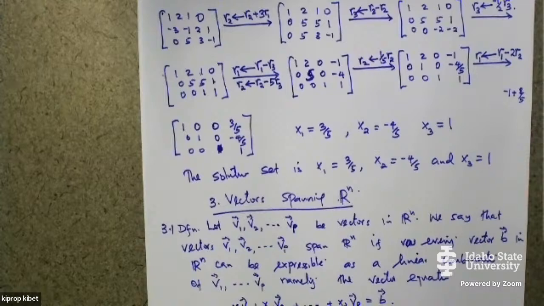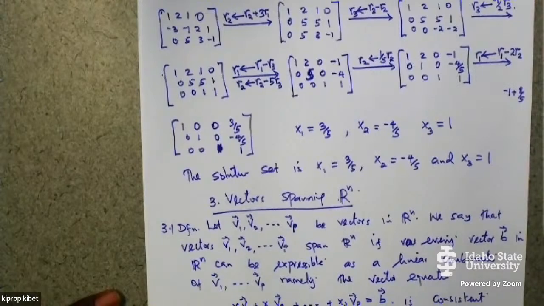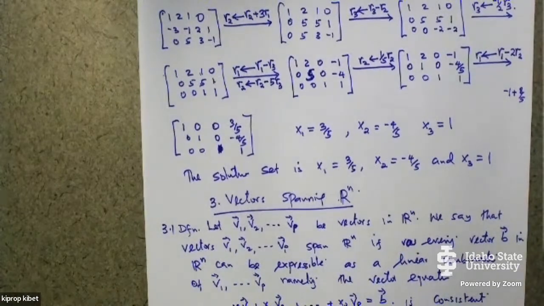So for this to span, the solution set of this equation should be consistent for every b element of Rn.